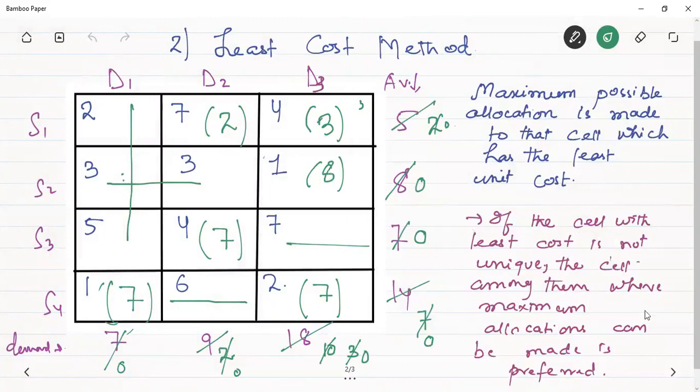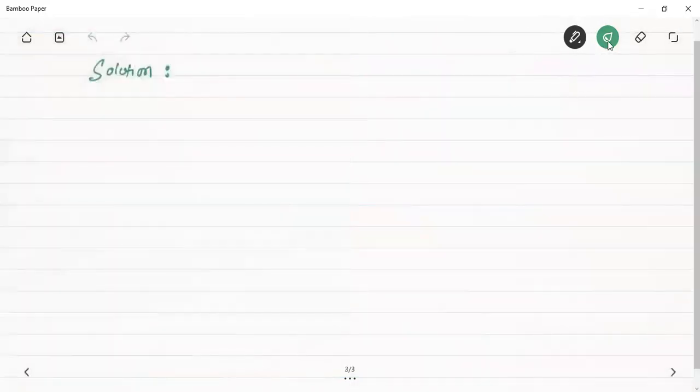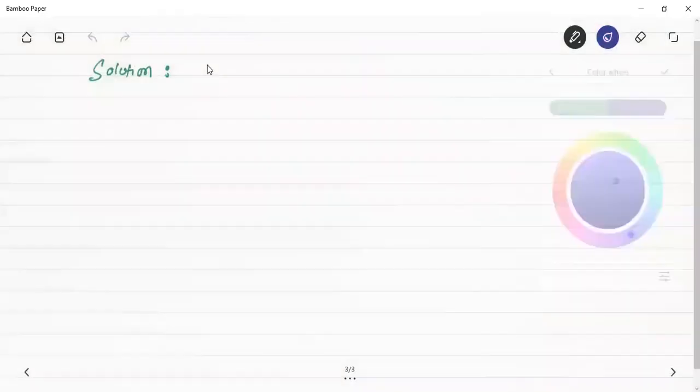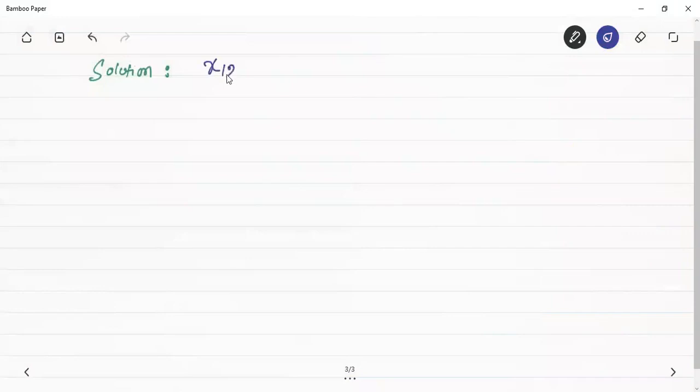Okay, just tell me which cell, कौन कौन सी cell allocate होगी? X1,2 कितना आया? 7. उसके बाद X1,3. 7. X1,3 भी allocate हो गया. Yes, 4. 4 units.